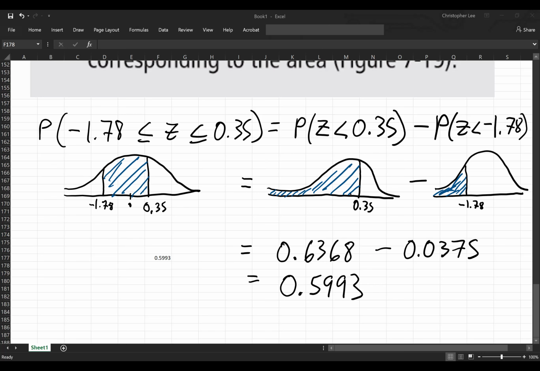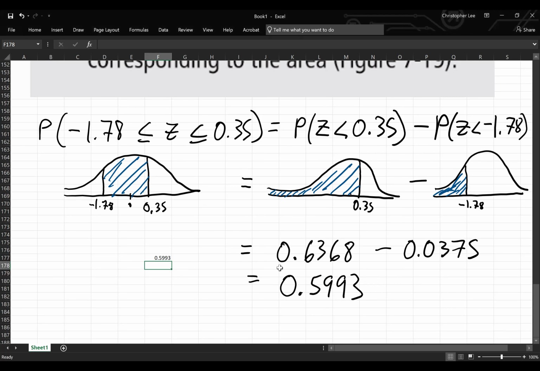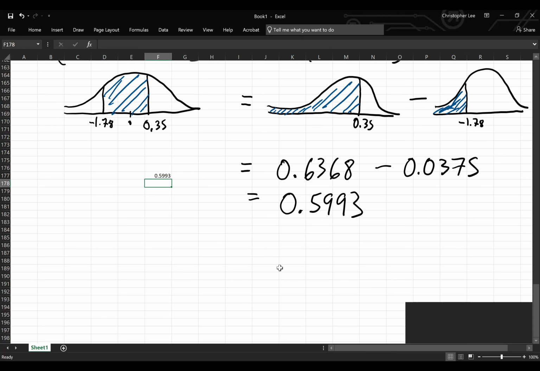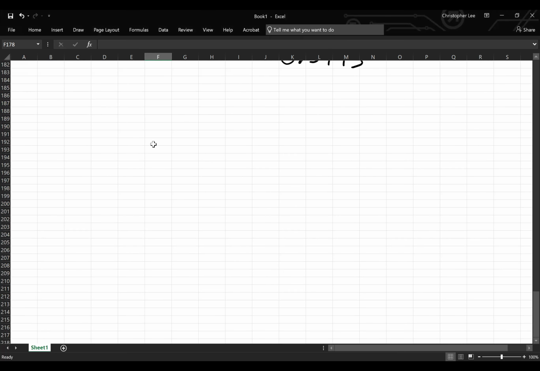So the next part of your homework is going to be finding the area under any normal curve, right? So in this situation you were given the z, but what happens when you're not given z?